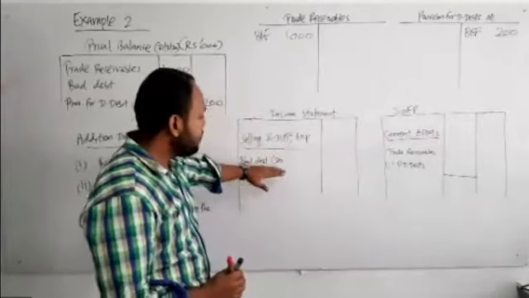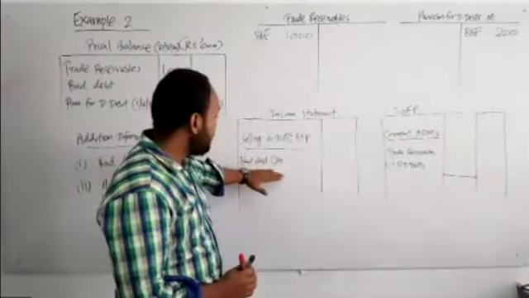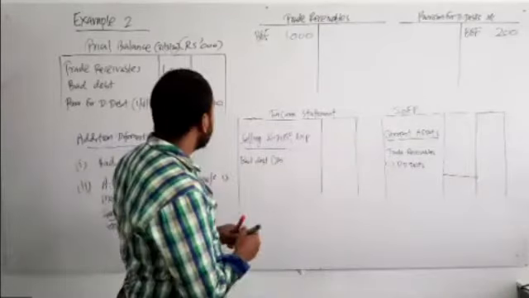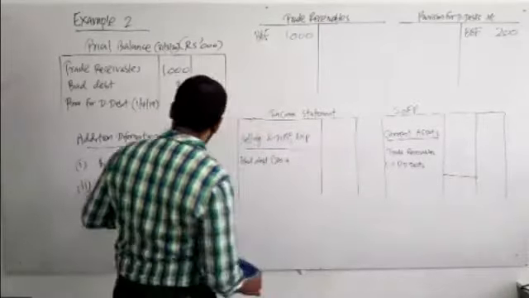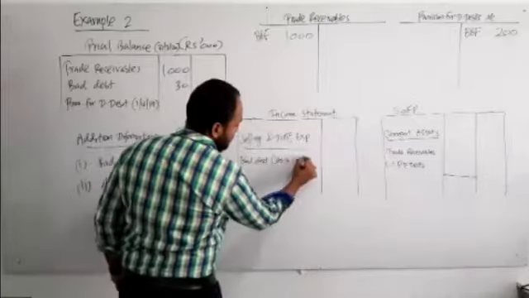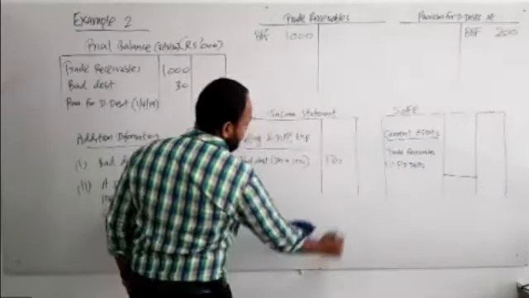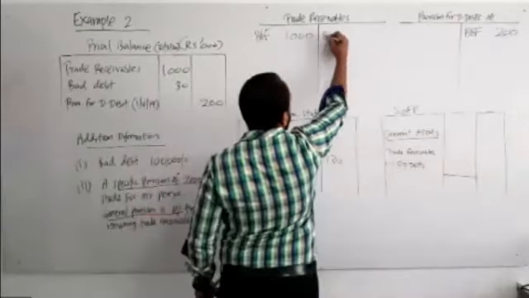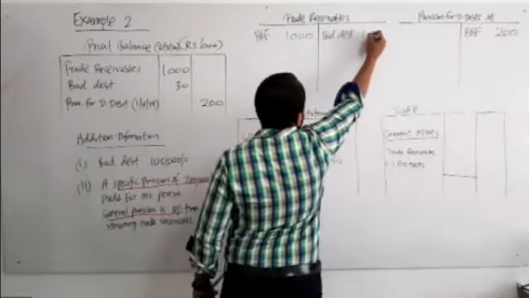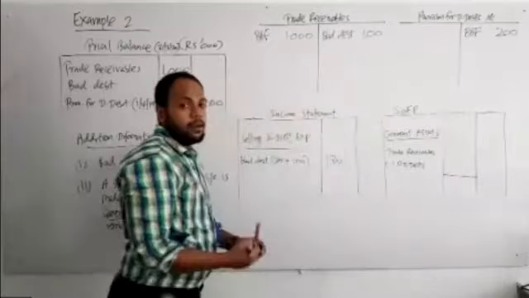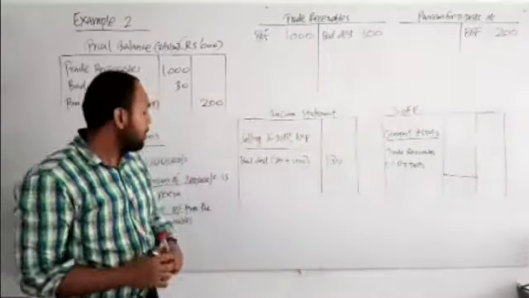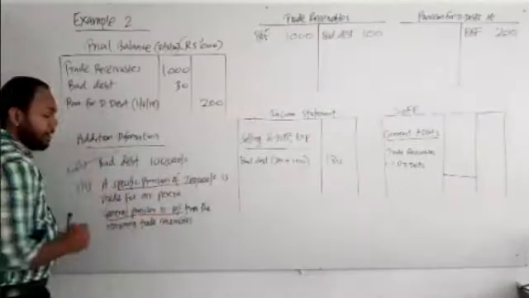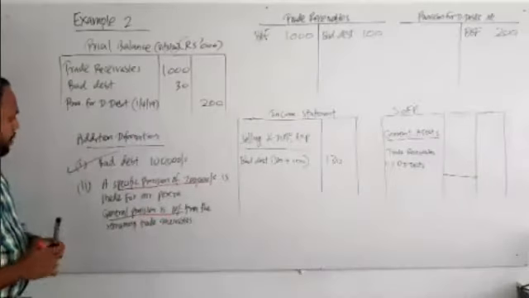Already 30,000 is provided as bad debt, so we need to increase it by another 100,000. So total bad debt is 130. Trade receivable credit, bad debt 100,000. That's the double entry for the first additional information.